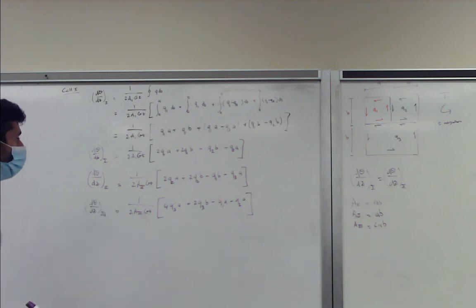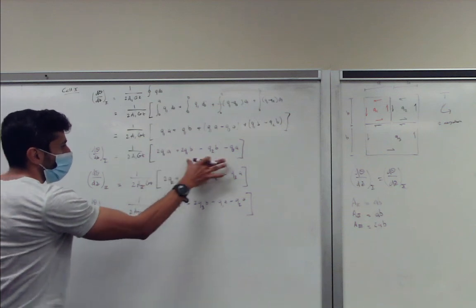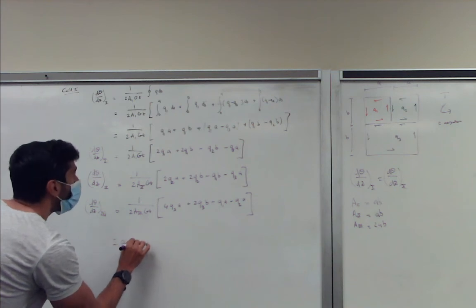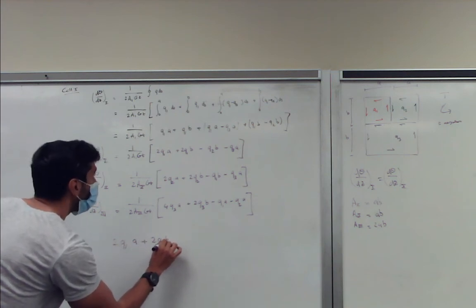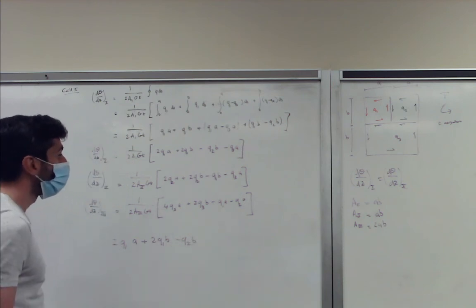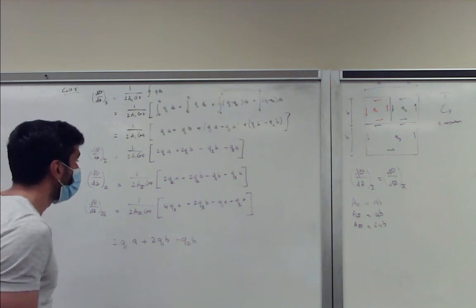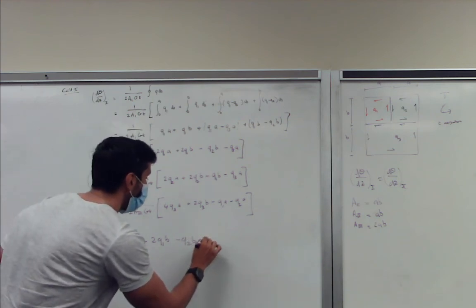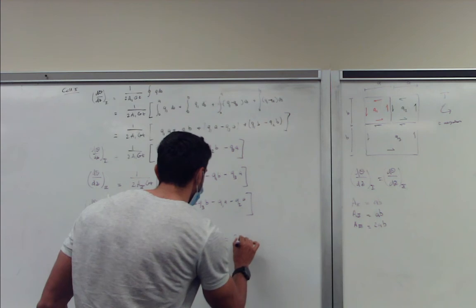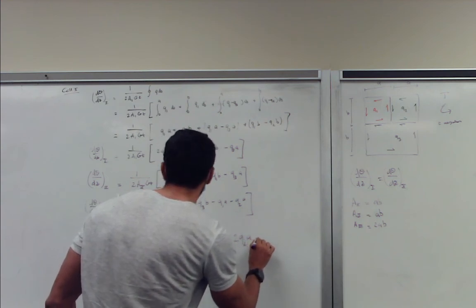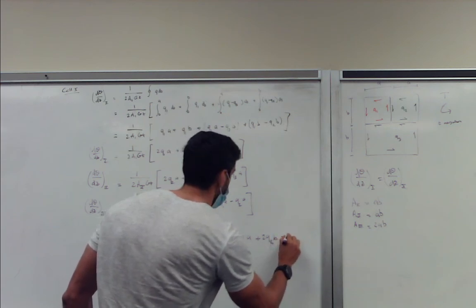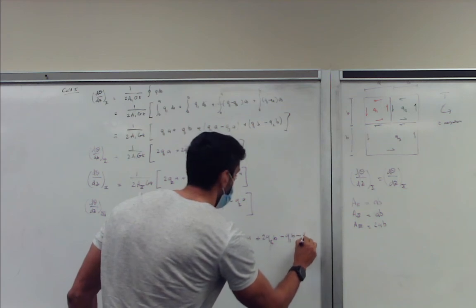Okay. So let's do that. Basically, this segment must be equal to this segment. So we have 2Q1A plus 2Q1B minus 2QB minus Q3A is equal to 2Q2A plus 2QB minus Q2B minus Q1B minus Q3A.